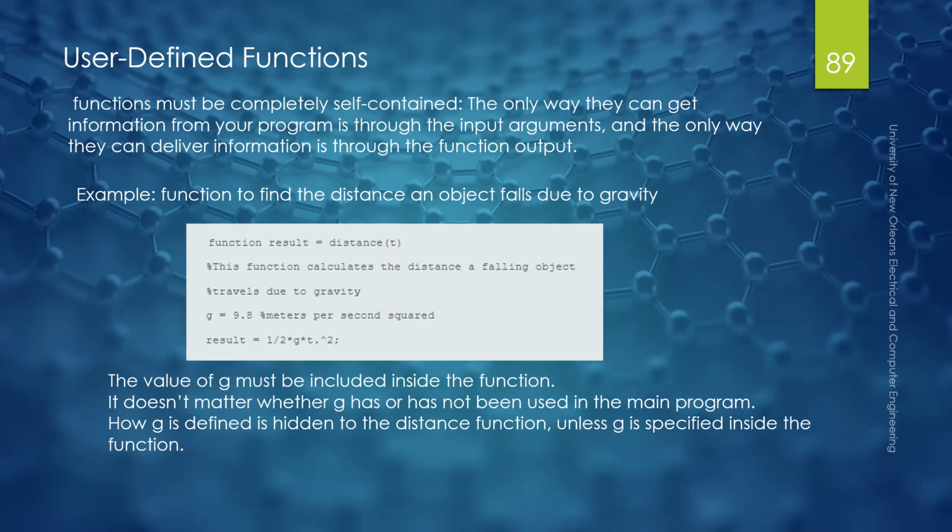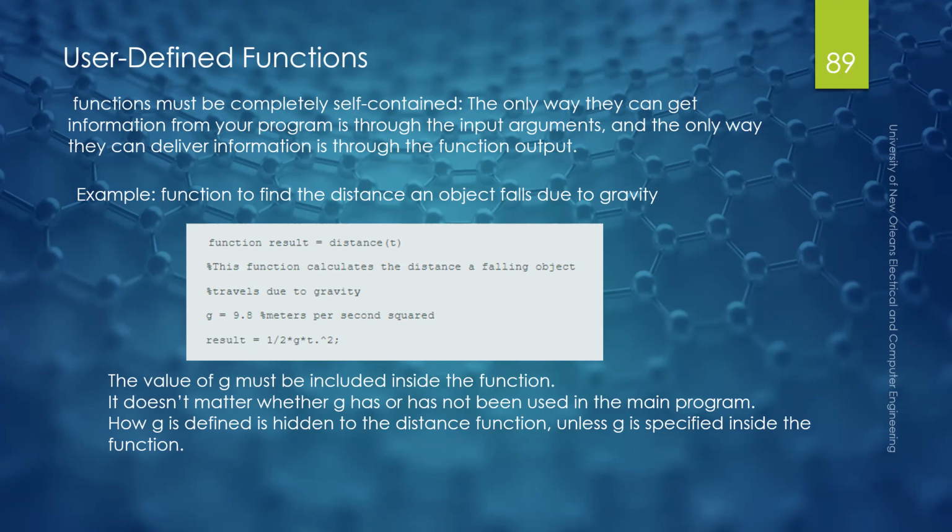But in any case, this function calculates the distance a falling object travels due to gravity. G is defined as a constant of 9.8, in this case, meters per second square. And so the result is simply the common expression for finding the distance of a falling object, which is 1/2 g times the time square.